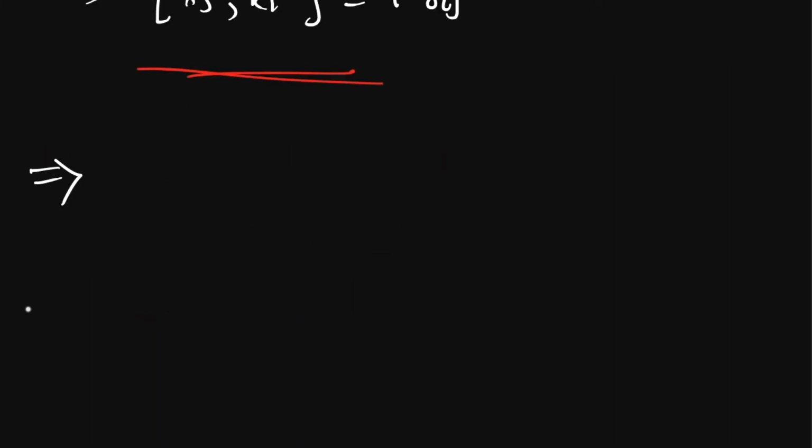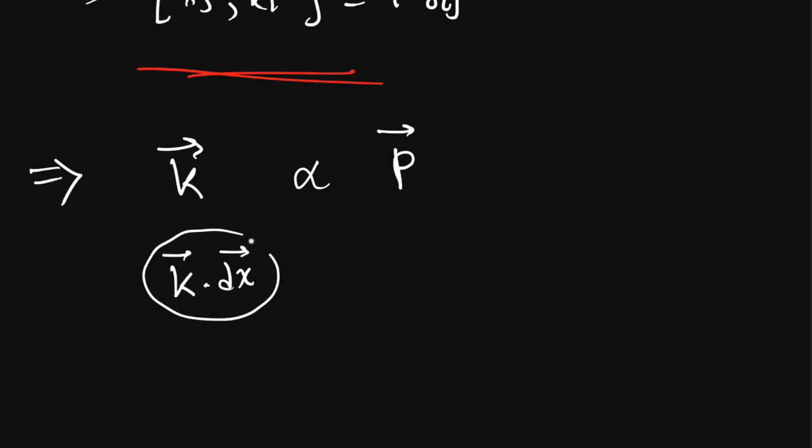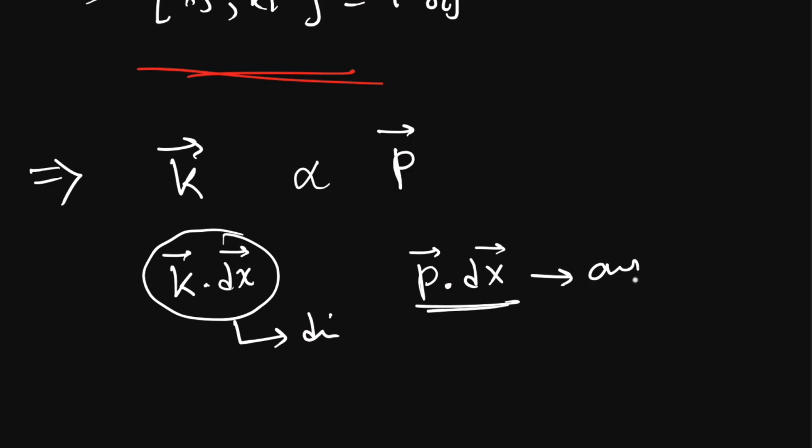Now, physically, let us think: what else can generate the infinitesimal displacement other than the momentum operator? So this infinitesimal displacement generator operator k should be proportional to the momentum operator p, but k dot x is a dimensionless quantity. That means p dot x has the dimension of angular momentum.